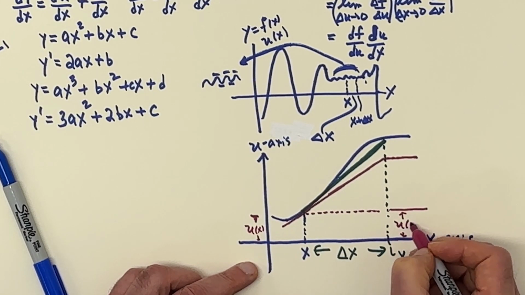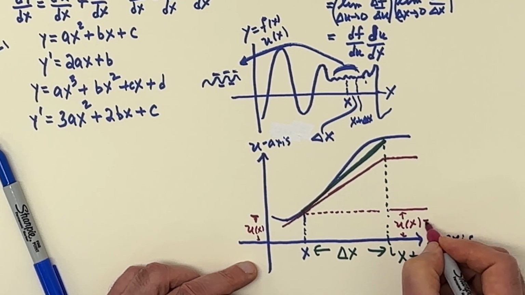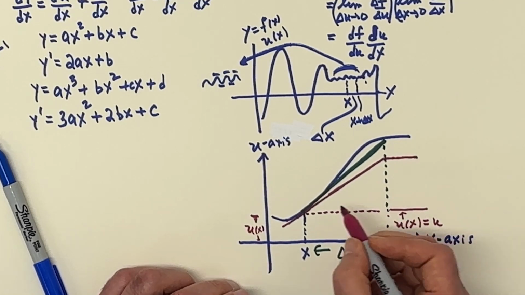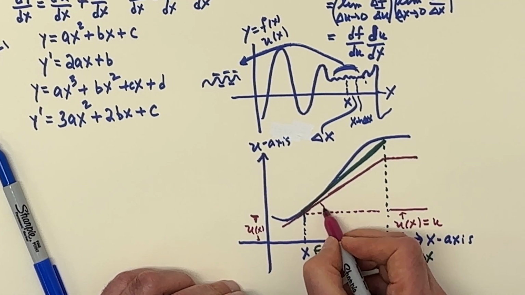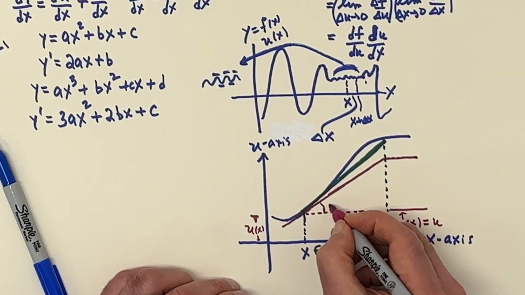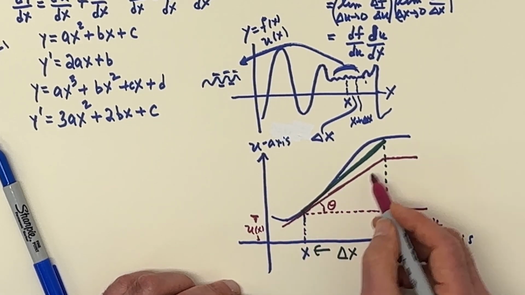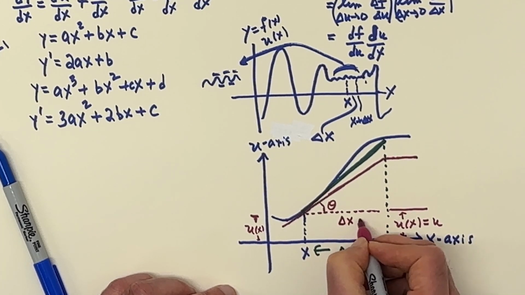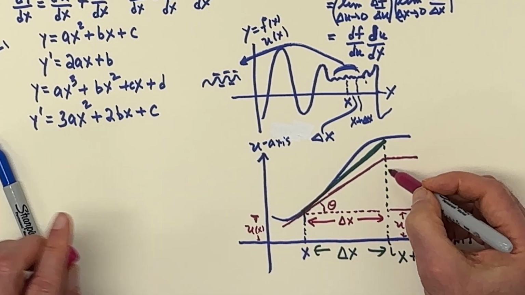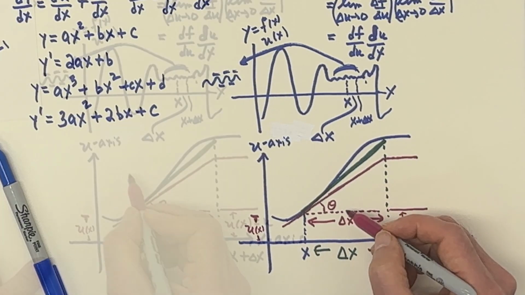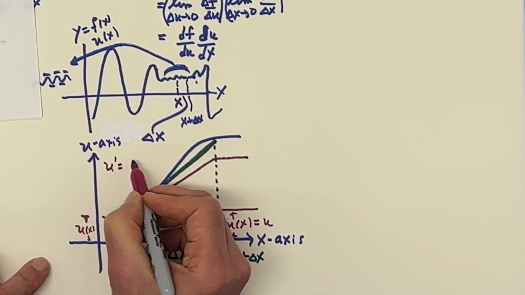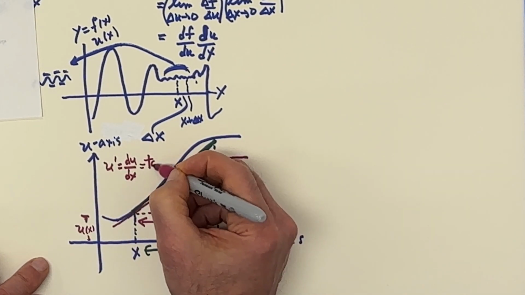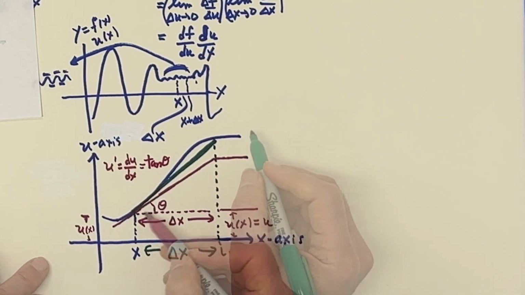So this is u of x, or simply u. Now, if we look at the angle here, and we'll call that angle theta, then the actual slope is the tangent of theta. I'm going to emphasize here this is delta x. So the tangent of theta, so u prime, which is du dx, is the tangent of theta.